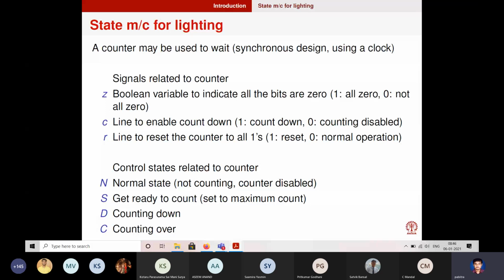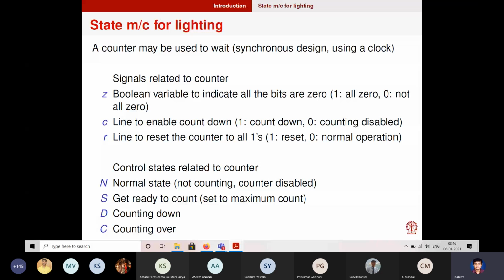For example, if there's a bright light sensor, C will be turned into 1, it will start the countdown. When there is no longer bright light, then R will be set to 1, it will reset again back to the all 1 state. So these are kind of external signals. This comes from the sensor. Either they come as input from the sensor, or they go as output to the light bulb controller. Okay, so these are external.